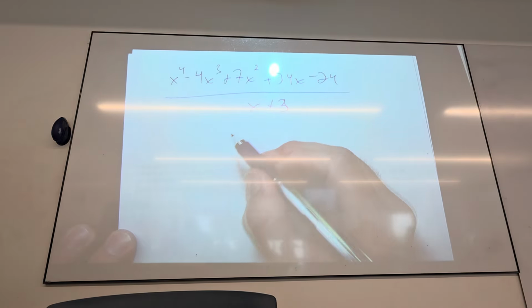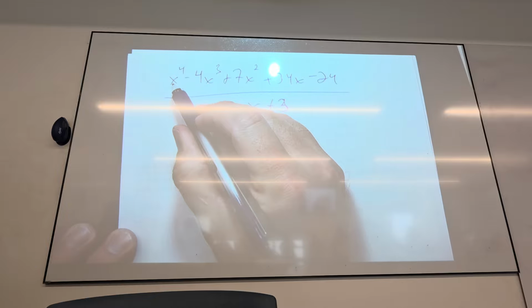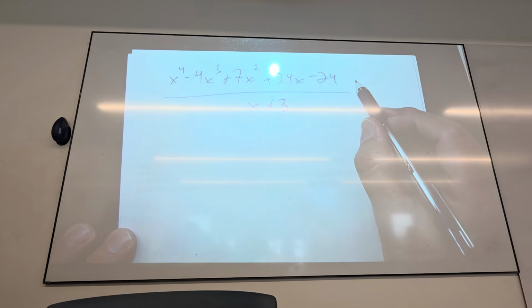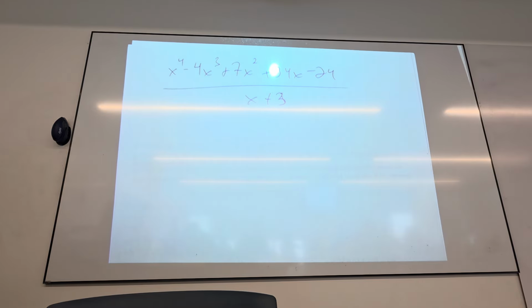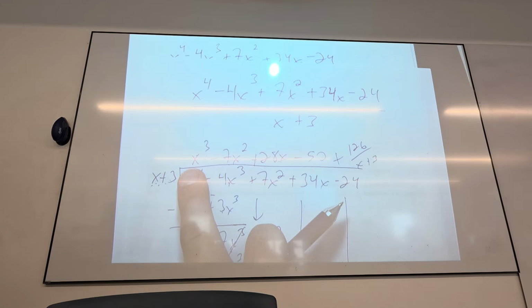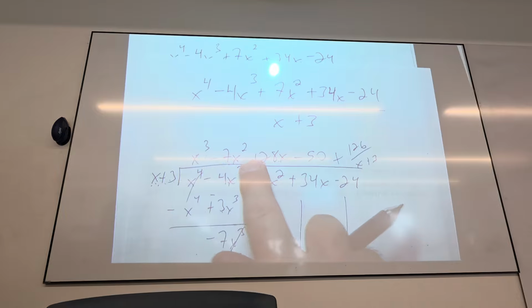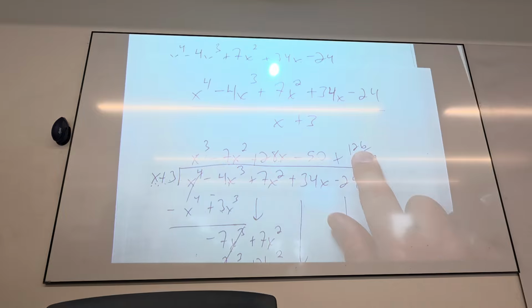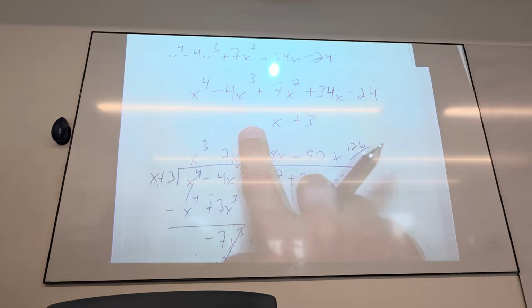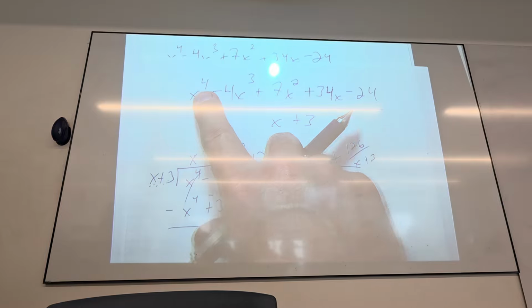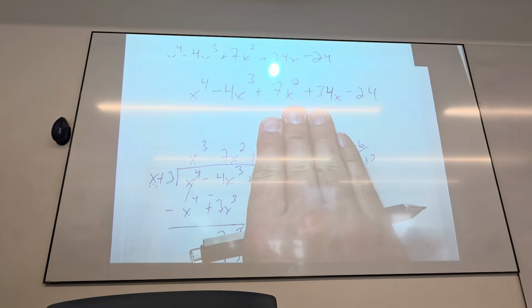So the first thing the shortcut says is that all this x stuff does not matter. I just need to know the coefficients of the answer. So real quick, what are the coefficients of the answer here? 1, -7, 28, -50, 126. Yes? So if I just knew those, and I really want you guys with me, what was the degree of the top before?